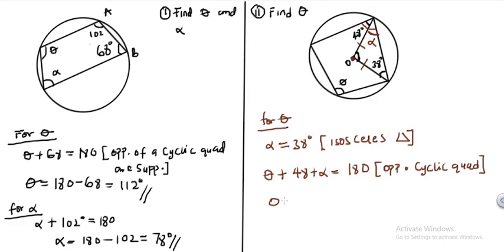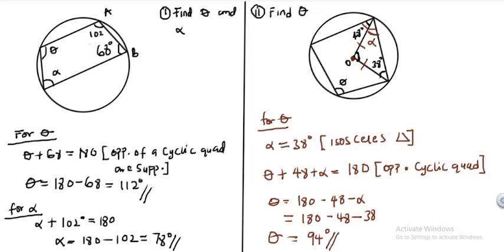Now, theta is equal to 180 minus, if I move 48 and alpha to the other side, 48 minus alpha. This is equal to 180 minus 48 minus 38, which is 94 degrees. Theta here is equal to 94 degrees.